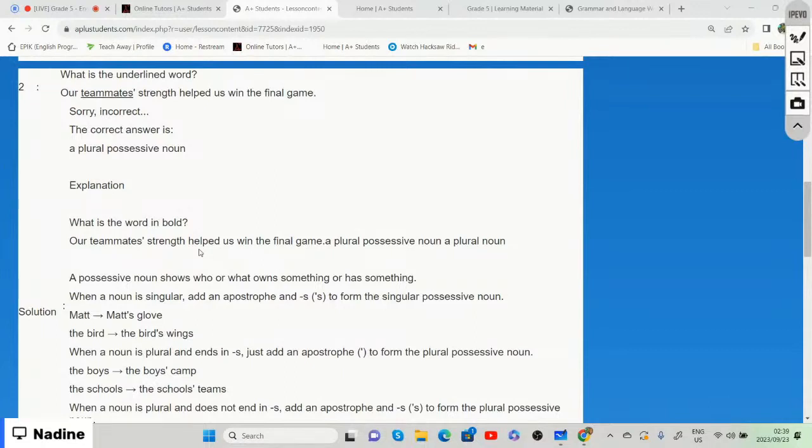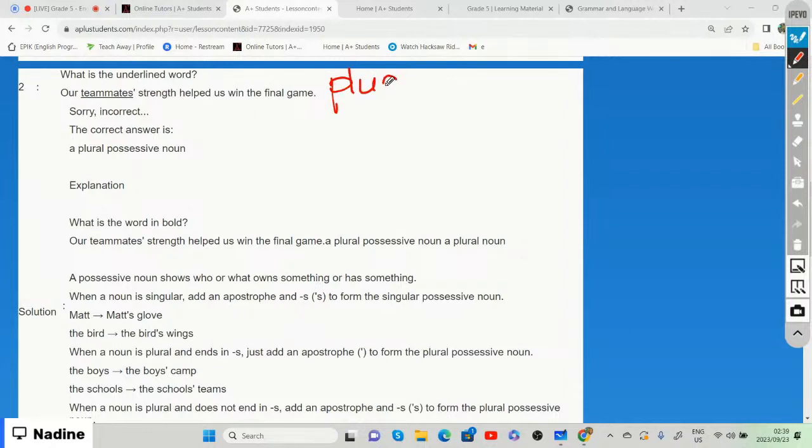So which means that this is a plural possessive noun. Because it's saying our teammates' strengths helped us to win the final match. So this is a plural possessive noun.